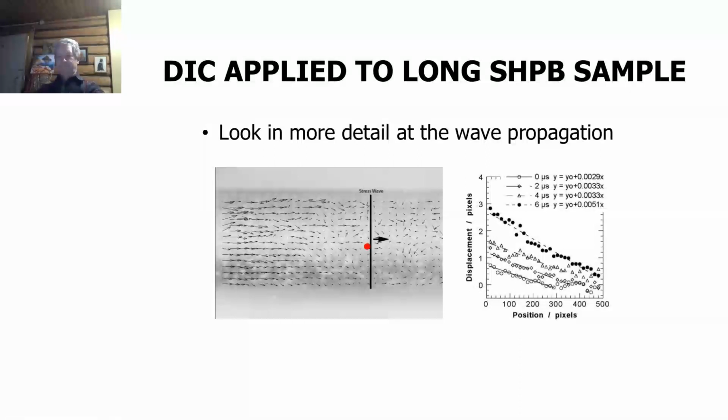When we do those kinds of experiments using thermal imaging cameras and thermocouples for metals, we get good agreement between the thermal imaging and the thermocouple embedded in the sample.